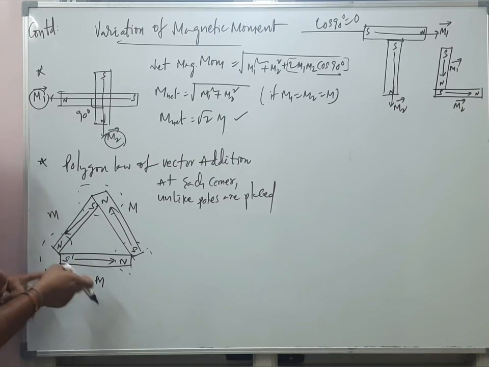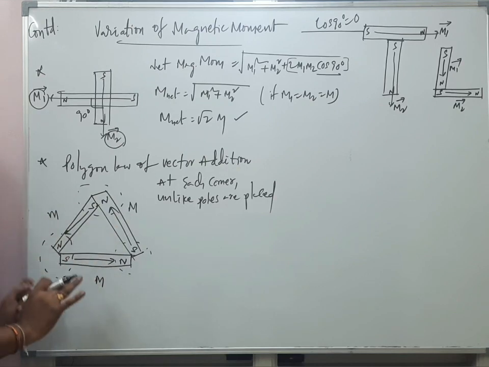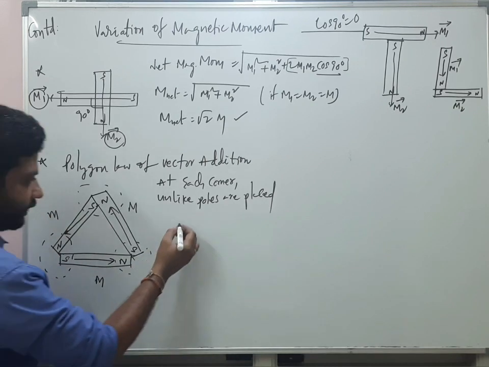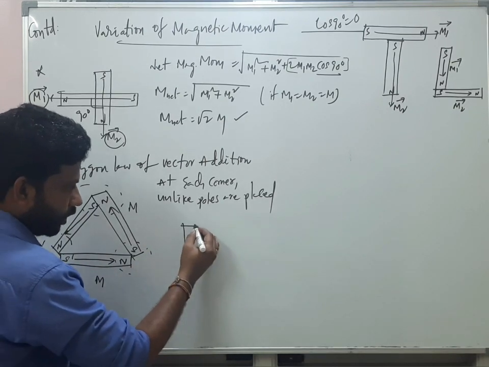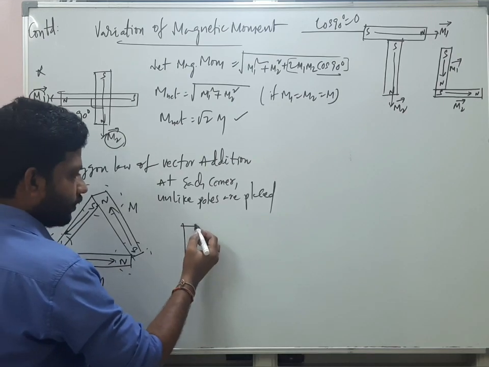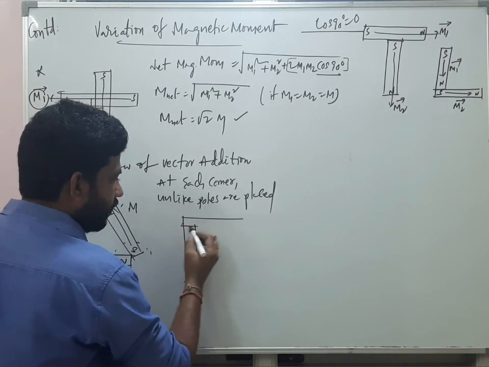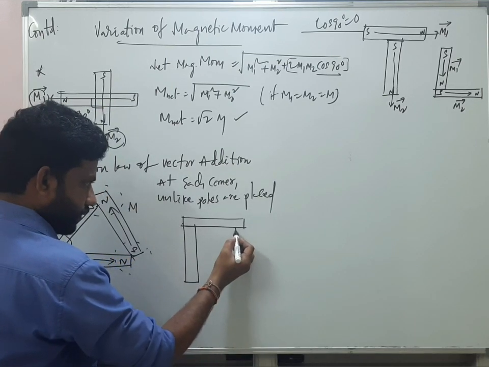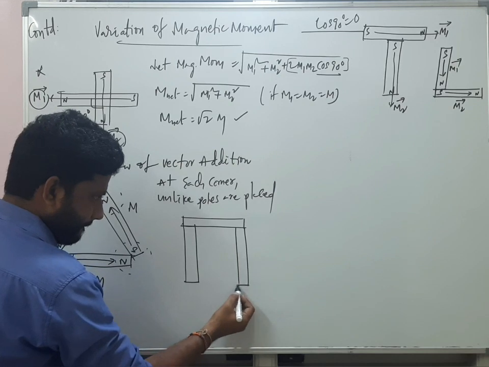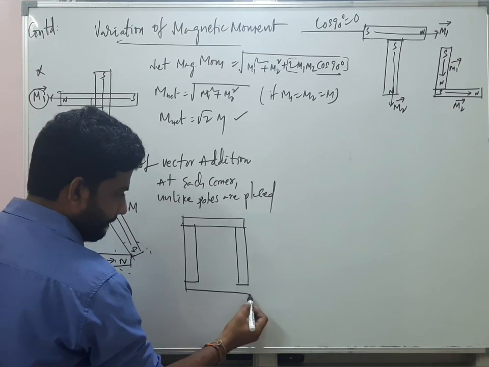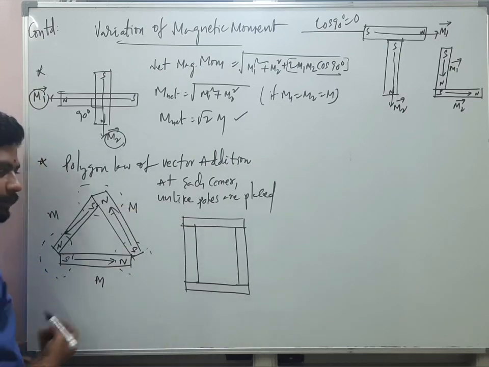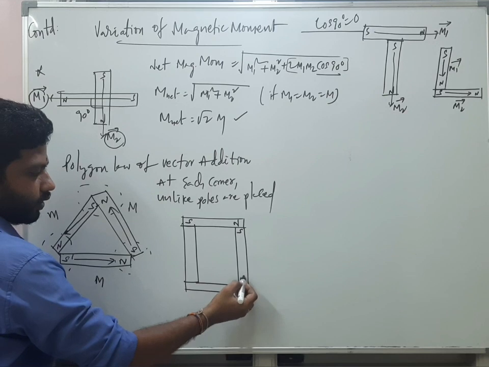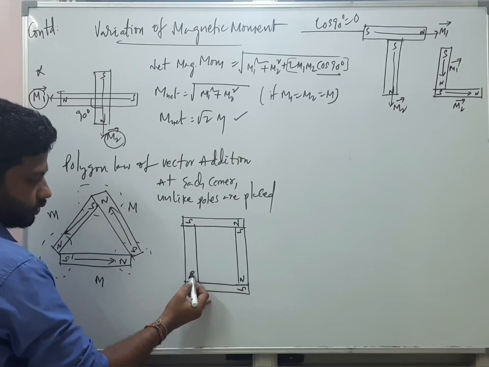Clear? When a closed polygon is formed in this way, like a triangle or a square, I can say a square also. It's south and north, south and north, south and north.